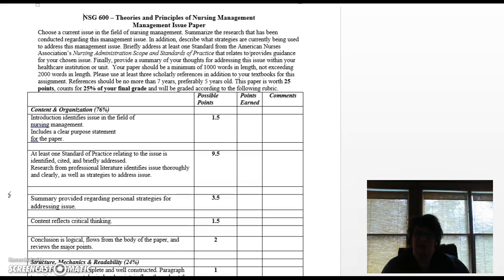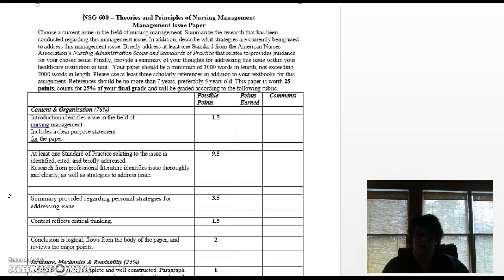What I would suggest is that you include specific headings within your paper to help guide your thought processes, and chunk out different components of that given issue, whether it would be personnel related issues or regulatory issues. That way your headings provide structure to how you're putting your paper together.